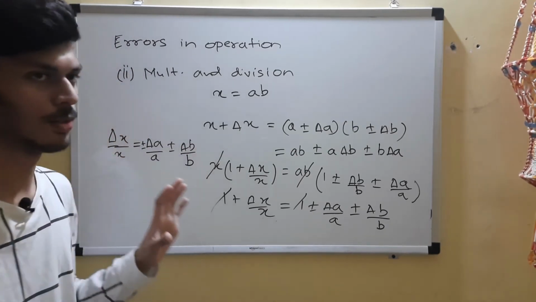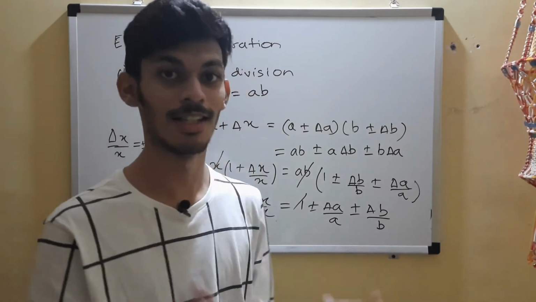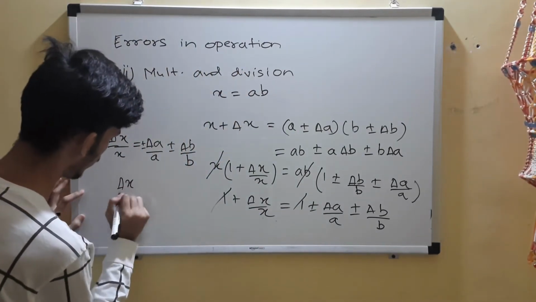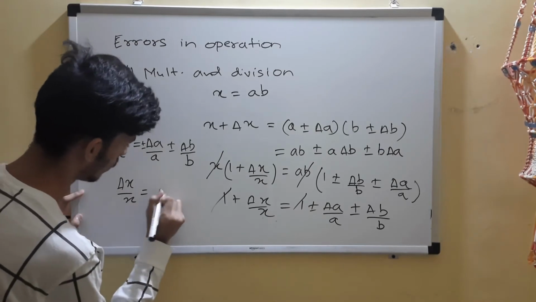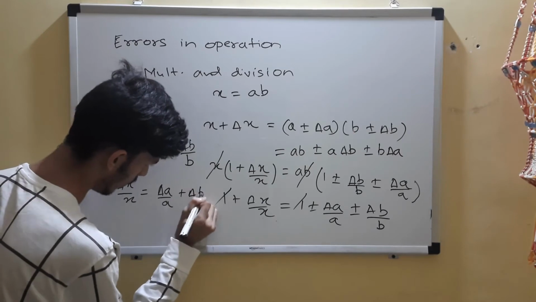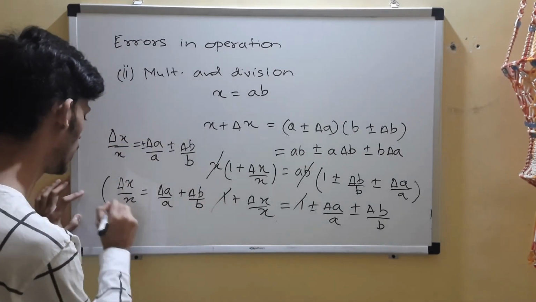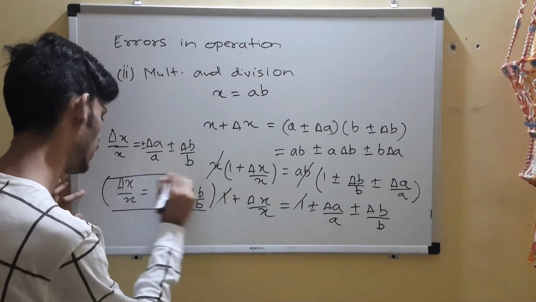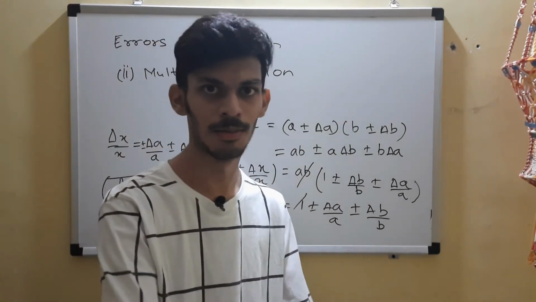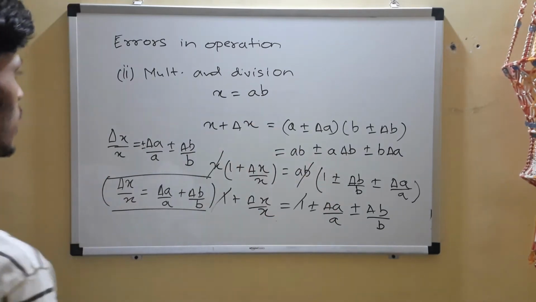And here also you can see all those combinations, and the most contributing one is the plus one, both with the plus sign. So delta a by a plus delta b by b is the most contributing one. So this is the one that we consider. This is the error that we have in multiplication and division.